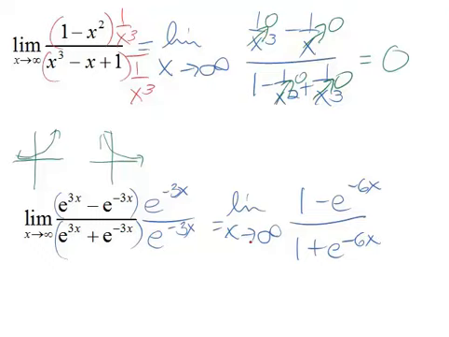As we let x go to infinity, e to the negative x approaches 0, and e to the negative 6x approaches 0 even quicker. So this goes to 0, this also goes to 0, and our limit then is 1.